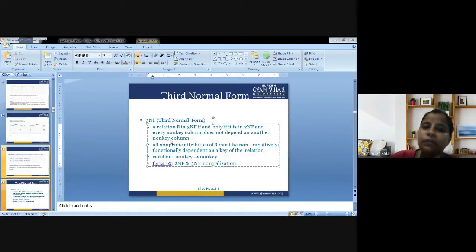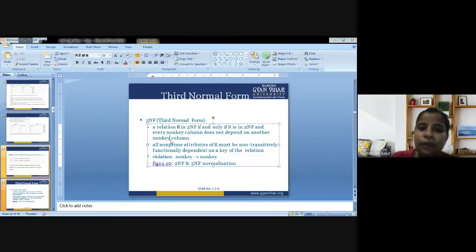The second condition is that all non-prime attributes of R must be non-transitively functionally dependent on a key of the relation. And the third is the violation, that is a non-key deriving a non-key.